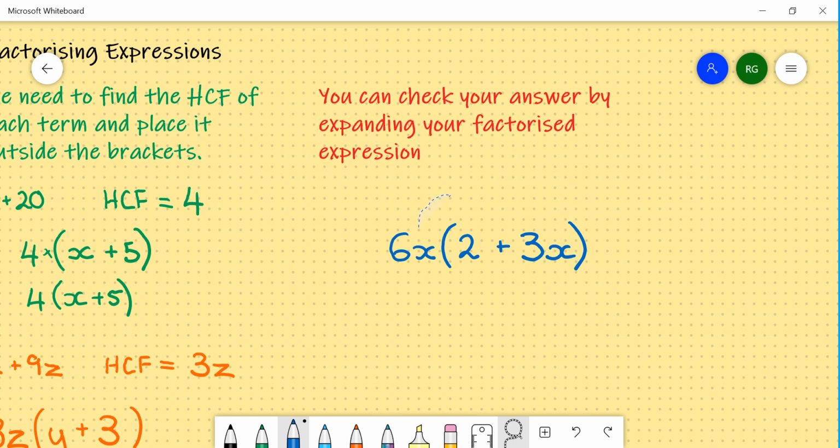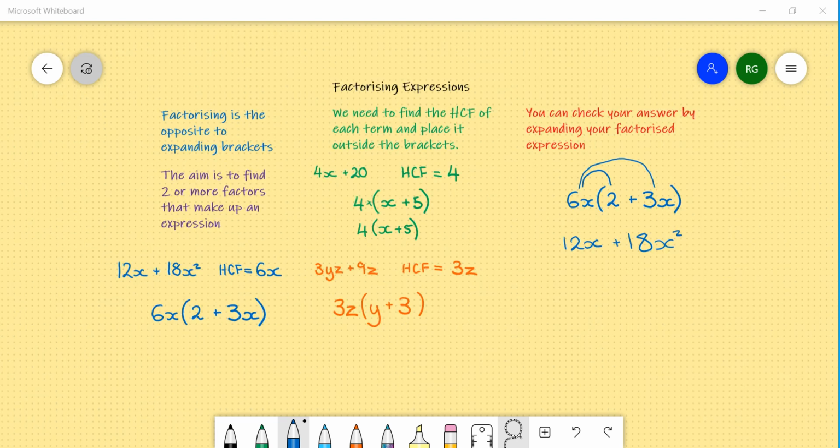So from the last lesson, we go 6x multiplied by 2, and we get 12x. 6x multiplied by 3x gives us the 18x squared. Because that's the same as what we started with, we can be 100% certain that we have actually done this and factorised the original question correctly.